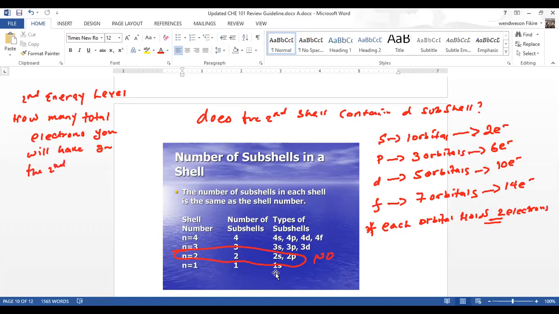You already answered that. It's going to be 8. How about in the third energy level? Because 3s, 3p, 3d, it has 3 different orbitals. That'd be 18. In the fourth energy level?